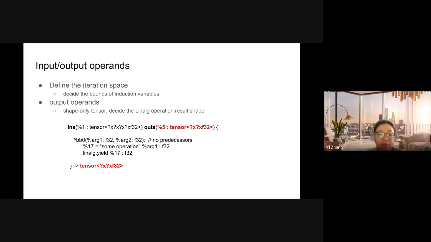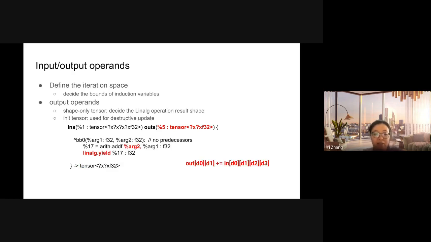So it's pure; in this case, the initial value of the output tensor doesn't matter. It only serves as shape information. And in some cases, it's necessary because some induction variable bounds can only be decided by the output tensor.